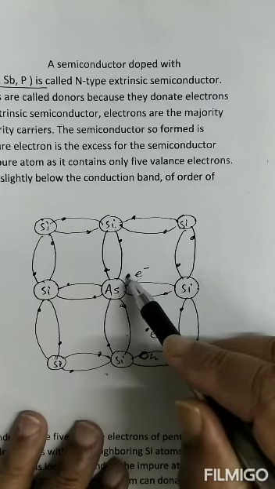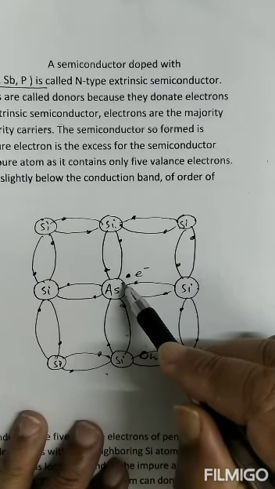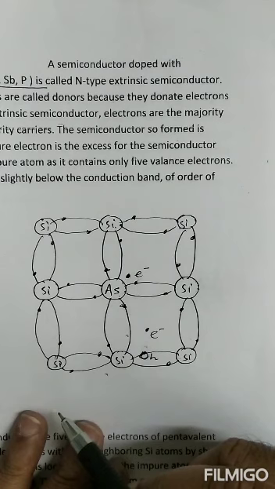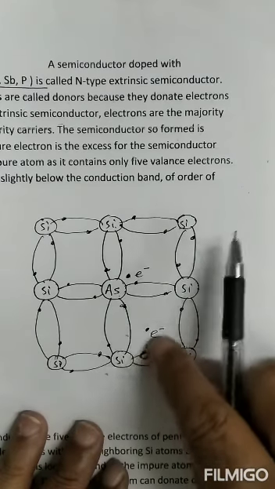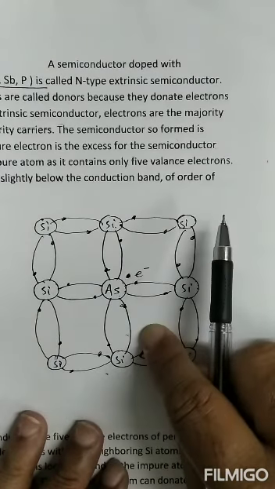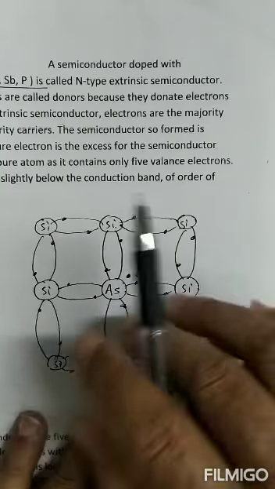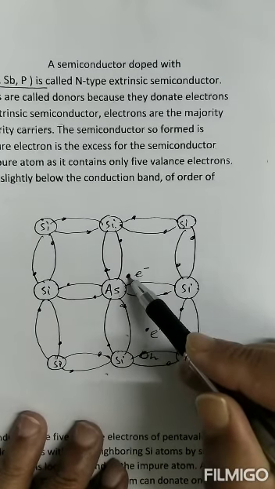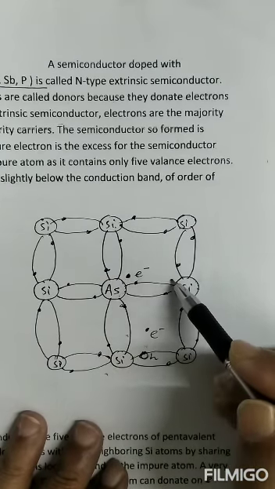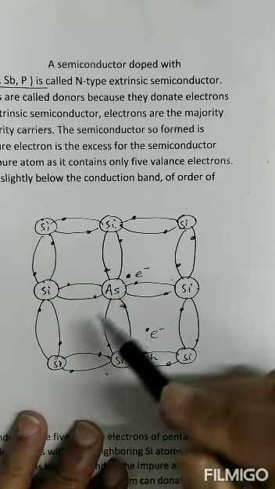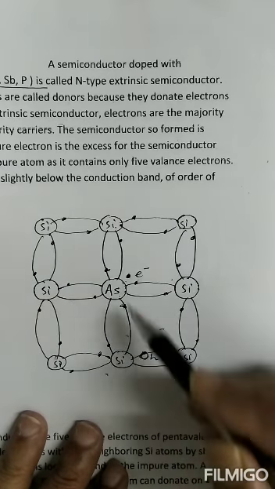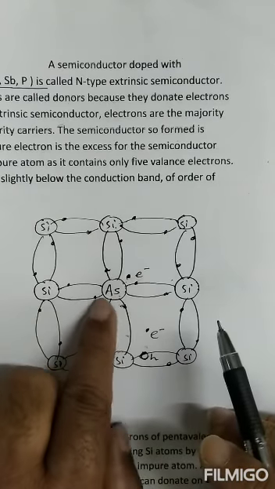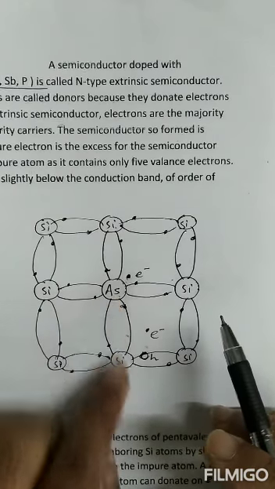It is the required 5th valence electron of arsenic. This excess electron is excess for silicon but not excess for arsenic. If this electron moves away, the arsenic atom gets positively charged.